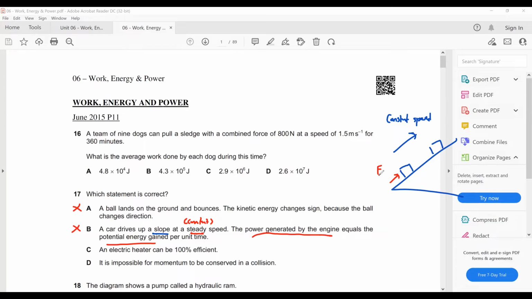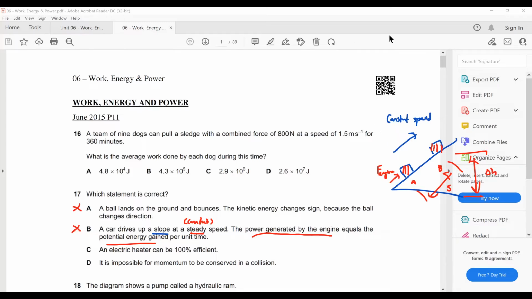Now, let's just say that this is the force exerted by the engine. The force exerted by the engine causes your car to move from point A to point B, taking it a distance of S. When you move from point A to point B, you have a change in height of H.